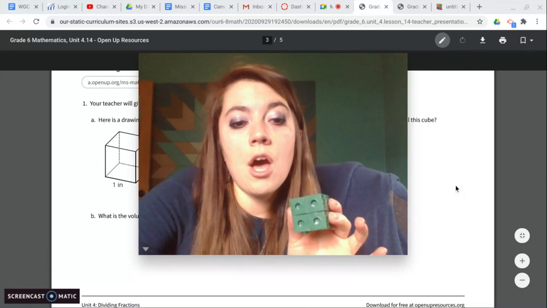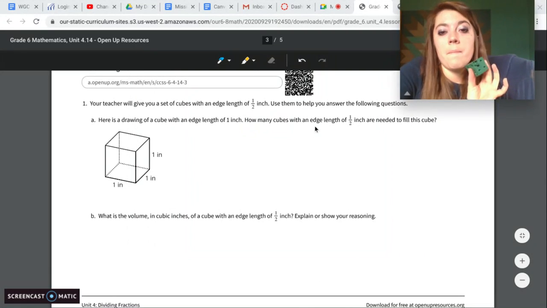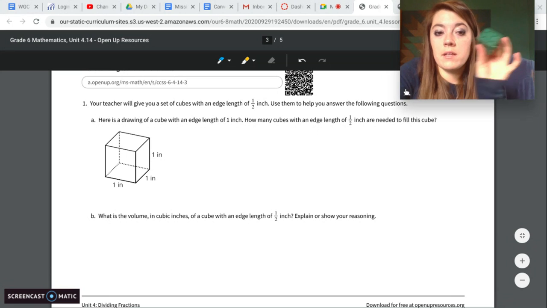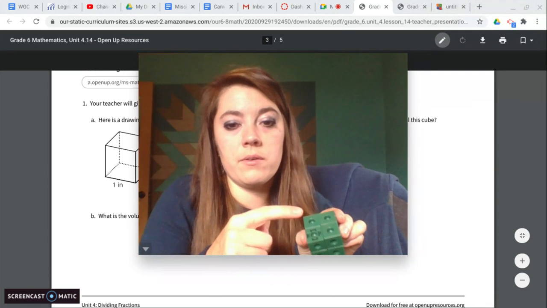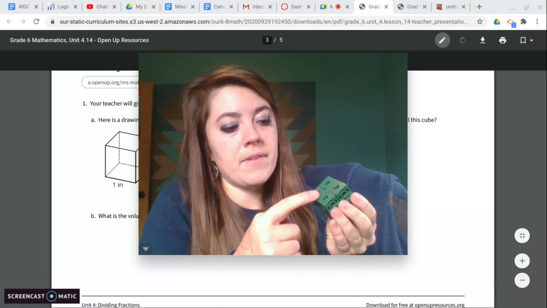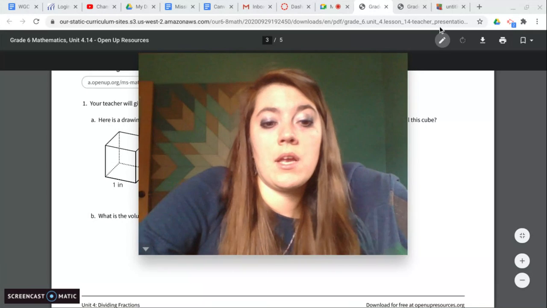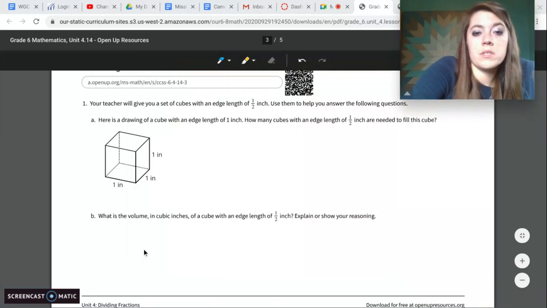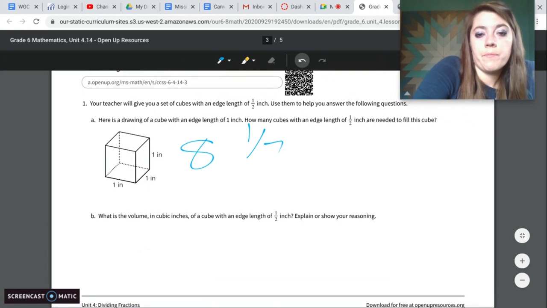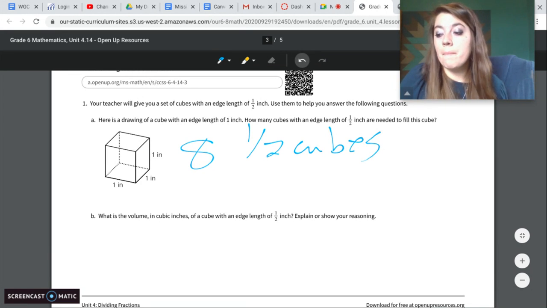Now what it wants to know is how many cubes are needed to fill the 1 by 1 by 1 cube. So let's count. 1, 2, 3, 4, 5, 6, 7, 8. So we have 8 cubes in here. So it takes 8 1/2-inch cubes to fill this 1 by 1 by 1 cube. So this 1 inch cube.